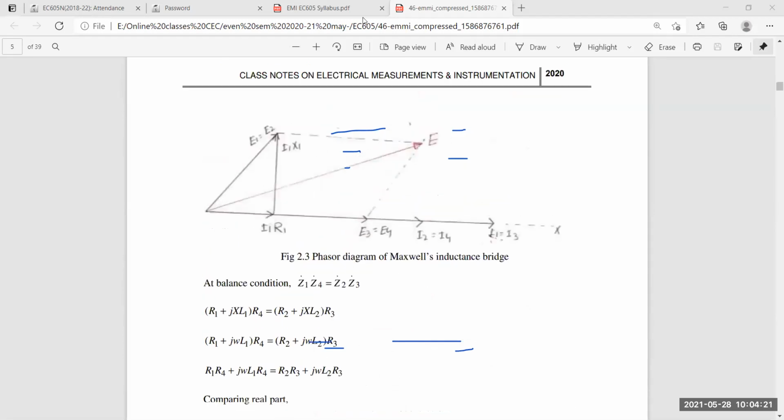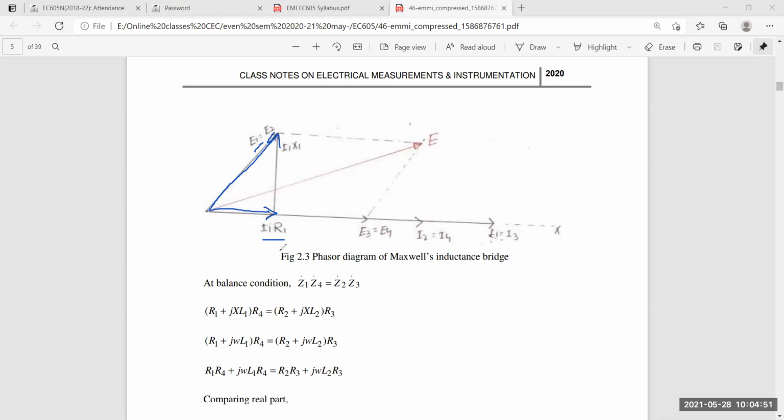Come to this diagram. How you have to draw here is most important. First we will draw only this kind of triangle, up to this. Now, in this diagram, I can write this part as E1 equals E2 and this part as I1 R1, because in E1, I1 R1 is flowing.